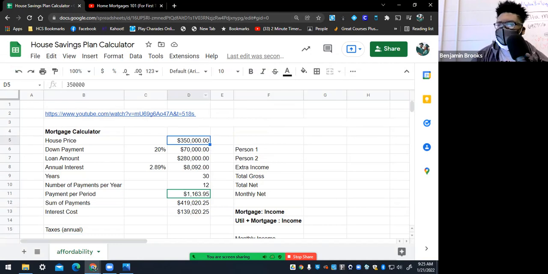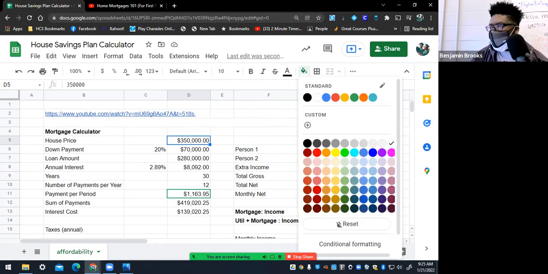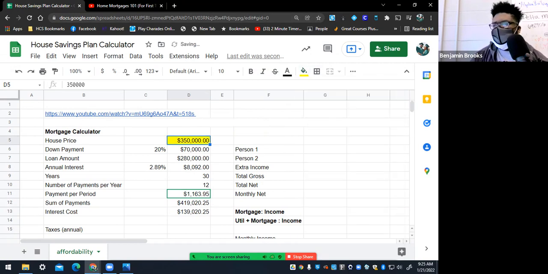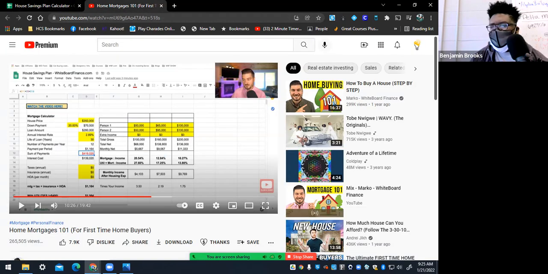If you click on, say, cell D5, to highlight that, you're just going to go to the fill color, and we'll just make it this little yellow here. The fill color is right next to that A in the top right. Like that yellow. What else did he make yellow?